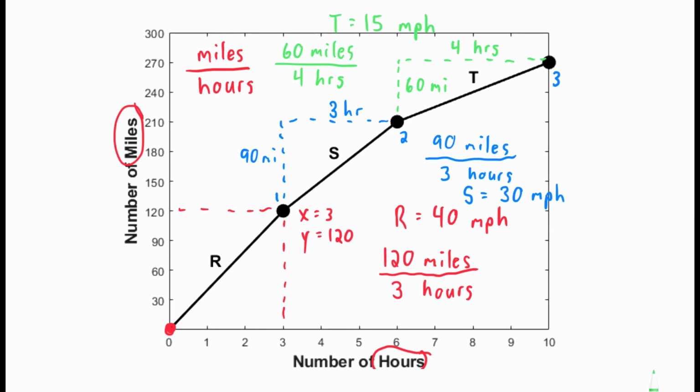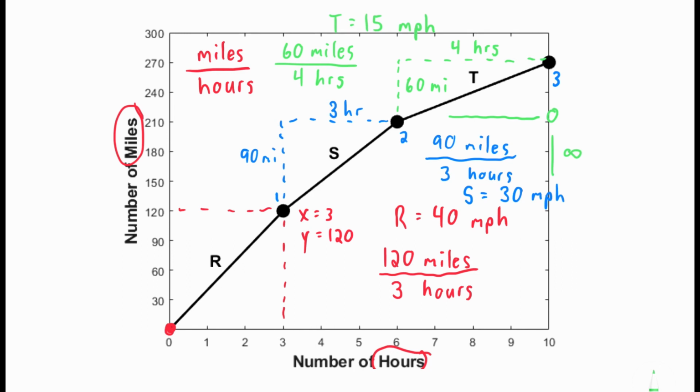You can also just look at the line, because a line that is horizontal has a slope of 0, and a line that is vertical has a slope of infinity. So whichever one is closest to horizontal is going to be the lowest slope, or in this case, the lowest speed or lowest velocity.